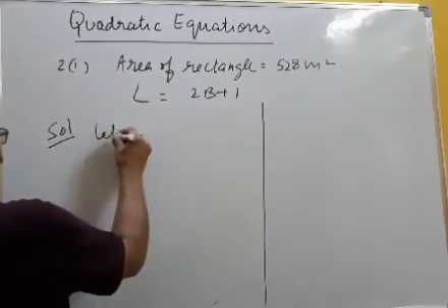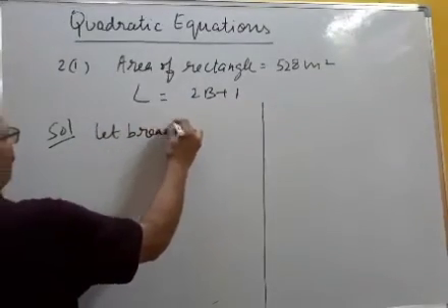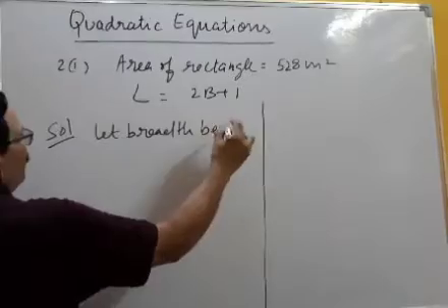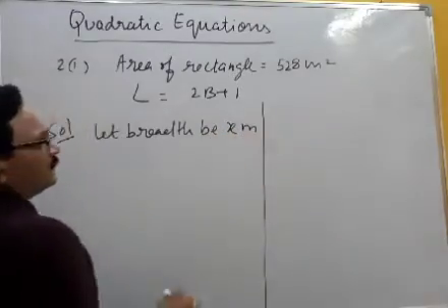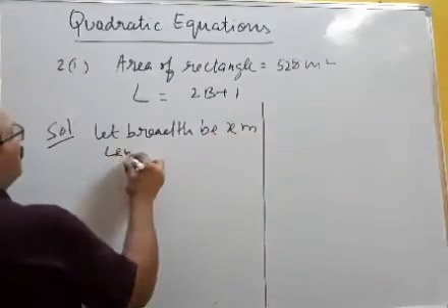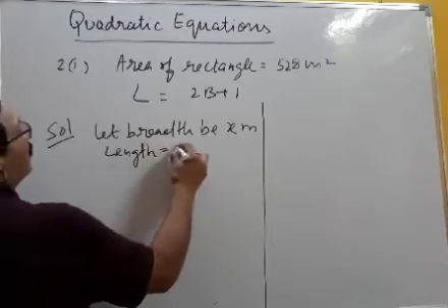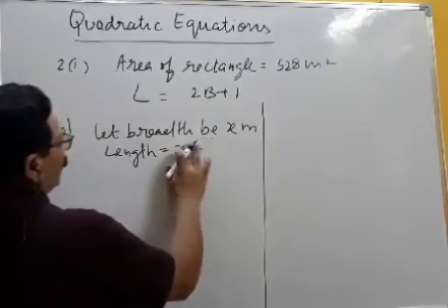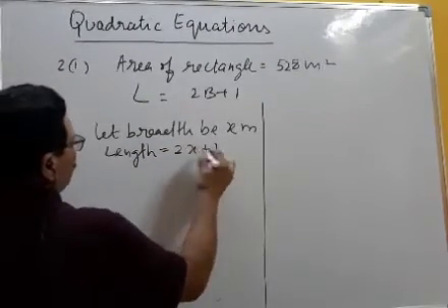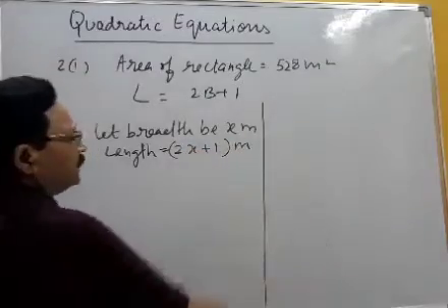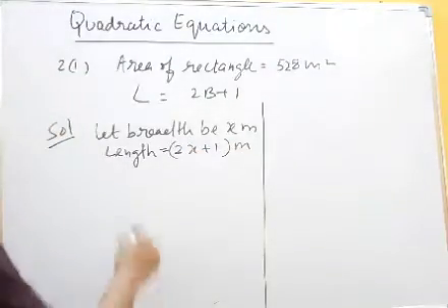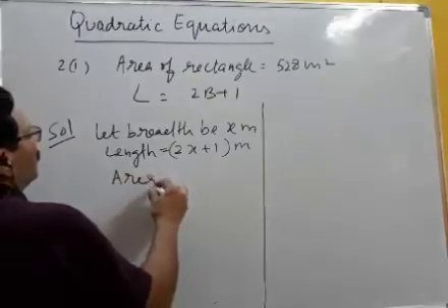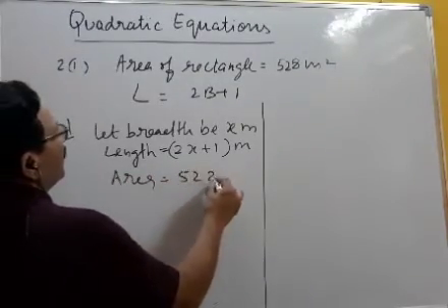Let breadth be x meter. So what about the length? 1 meter more than twice of breadth: 2x plus 1 meter. Okay, and area equal to 528.